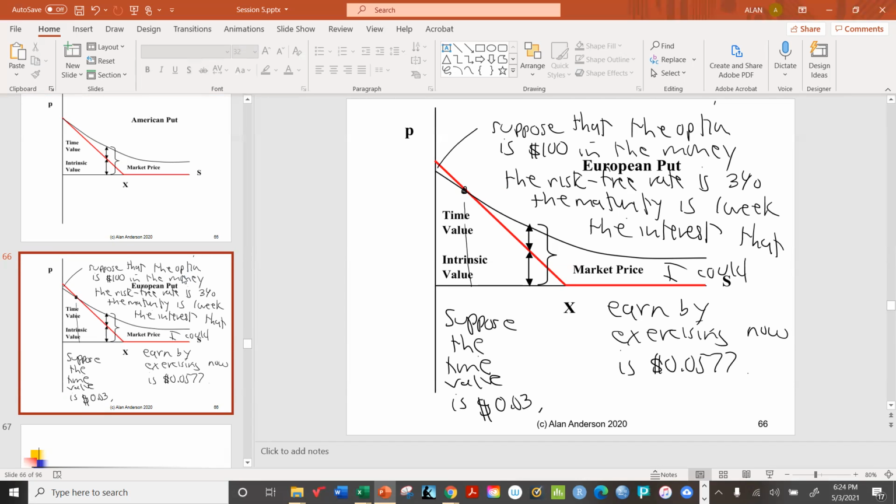That means I would much rather exercise now than have to wait. But because it's a European put, having to wait is actually putting me at a huge disadvantage. And so what that implies then is that the time value is actually negative. In fact, here it's negative 2.77 cents.